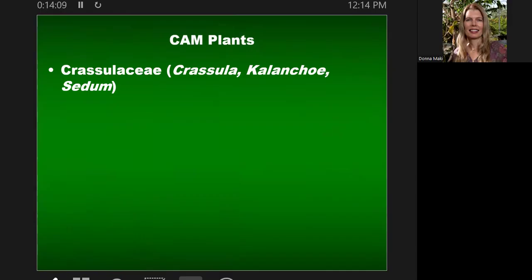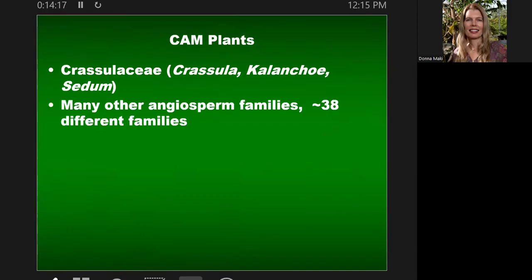Unfortunately, they also figured out that lots of other families do that, but the name was already implemented and it kind of stuck. Apparently, botanists don't like to break with tradition, so they just kept the CAM cycle term. But you need to realize it's not just the Crassulaceae family. There's many other families where you can find plants that do this.